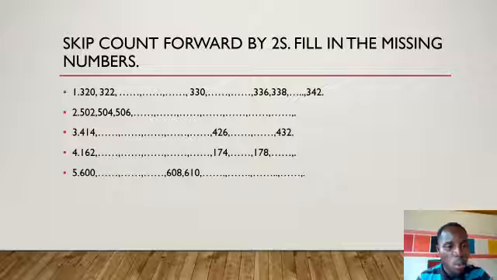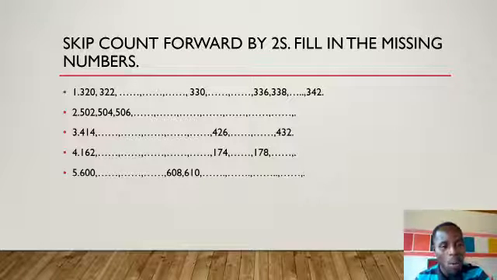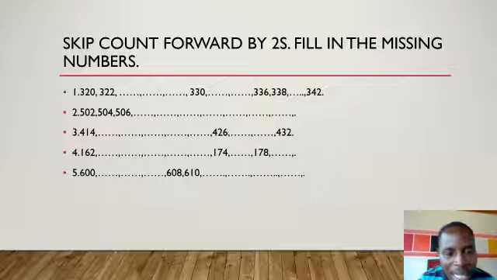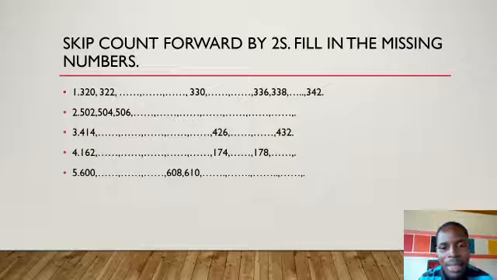So, 502 plus 2 gets 504, plus 2, 506. So 6 plus 2 is not 8, so 506 plus 2, 508. 510, 512, 514, 516, 518, then 520.